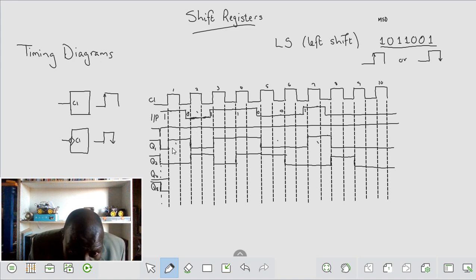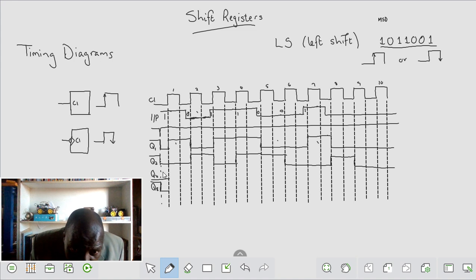Now, when you look at the Q2, it was fed by Q1, so it was initially reset. So the 0 was fed through, the 1 was fed through, the 0 was fed across, that 1 was fed across, that 1 was fed across, that 0, that 0, that 1, 0 was fed across, but it doesn't really matter because our data is finished.